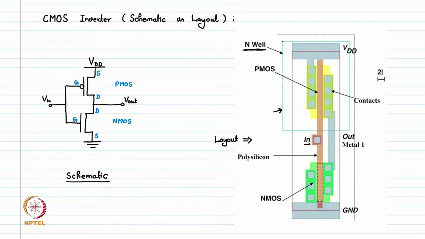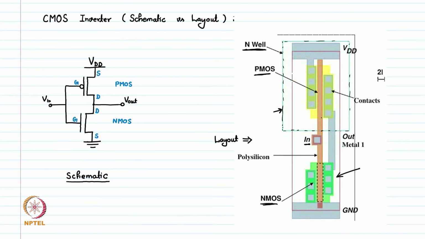So this is a complete well in which PMOS devices are made, and the rest of the surface is P substrate where NMOS we can make anywhere. So this is our NMOS. We need not have a separate well for it. So this is the N well device, and this is the PMOS device, this is the NMOS device.